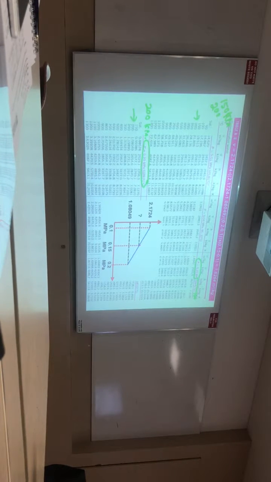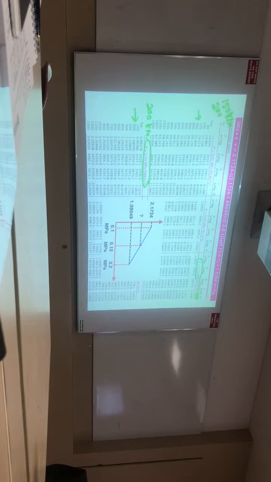Okay. So at 200 degrees Celsius, what is the pressure? You take a look, pressure is here, right? At 200 degrees Celsius and 0.2 MPa, it is this one.